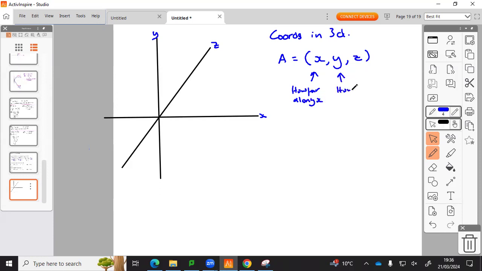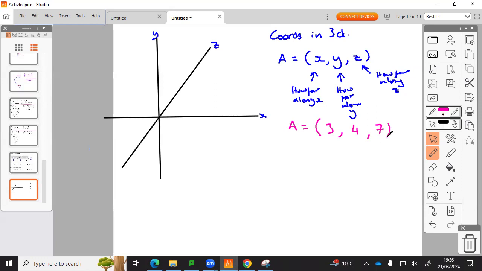How far along Y? And then this new one, how far along Z? So if I said point A is equal to 3, 4, 7.